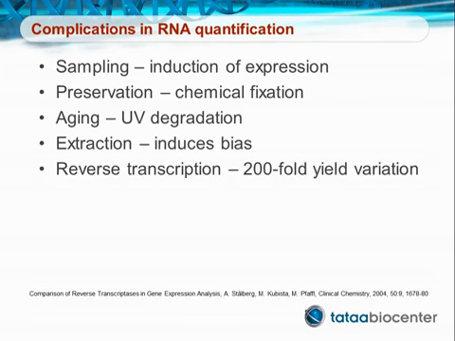The reverse transcription yield depends on priming strategy, the transcriptase used, and the reaction conditions in a gene-specific way. The variation can be 200-fold. Different RNAs amplify with different yields due to the folding of the template and the assay performance.